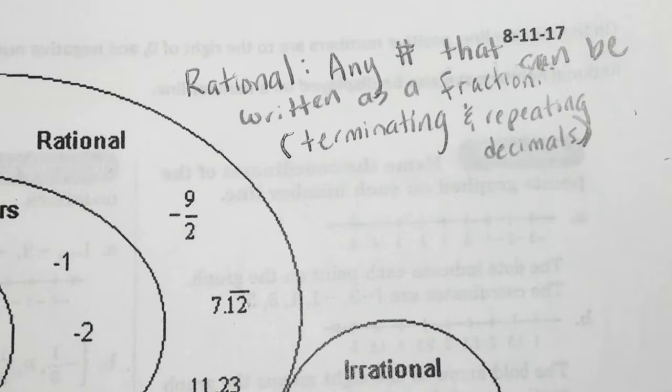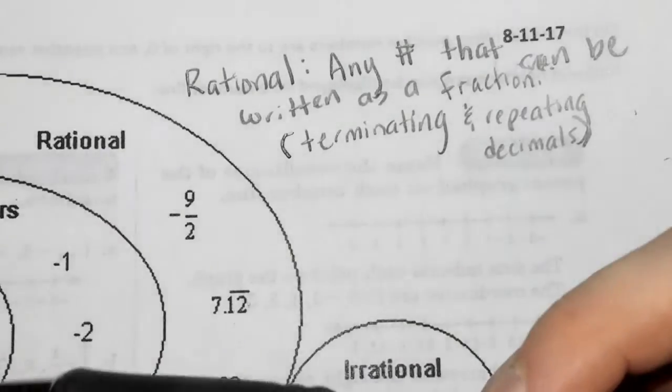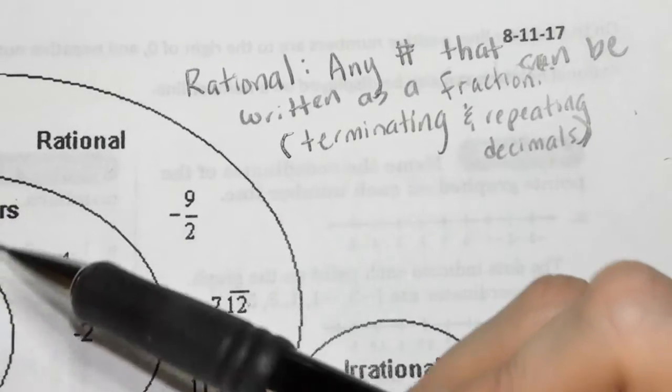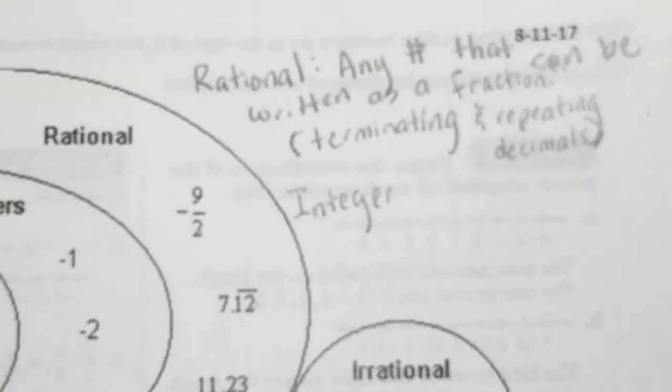You notice over here with the big circle, with the rational numbers, there's other types of numbers within this circle. If a number is rational, then it can be other things. It can be an integer, a whole number, or a natural number. I feel like y'all have heard the word integer before. Is that correct? Integers. You see my number line up here?